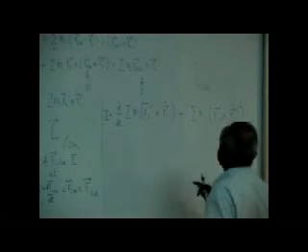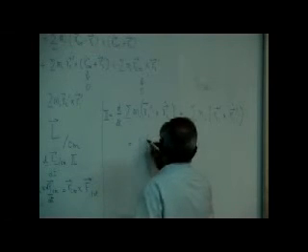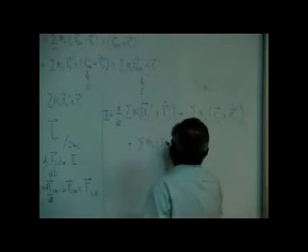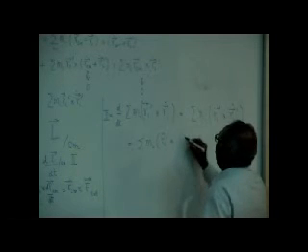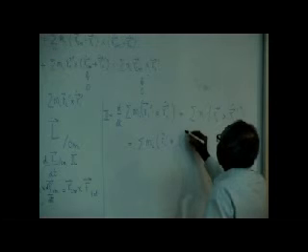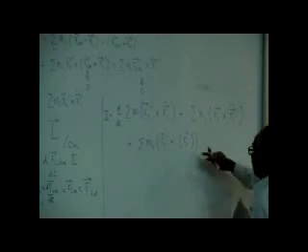Here, I can rewrite this as mi ri prime plus r. Why? What is the difference between these two?